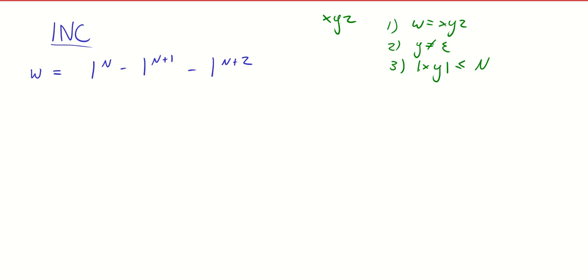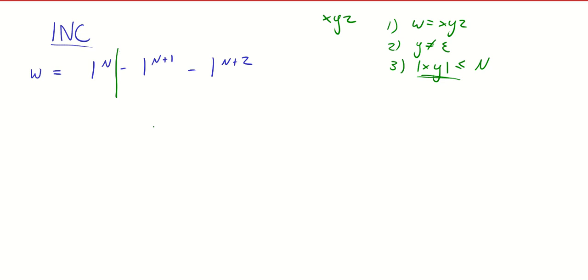Now, it's this final rule that saves our bacon over and over and over again, because the fact that our xy must be less than or equal to n means that, given this word over here, I can't actually let my xy go further than this point in my word. So that's going to restrict the number of cases I have to consider.